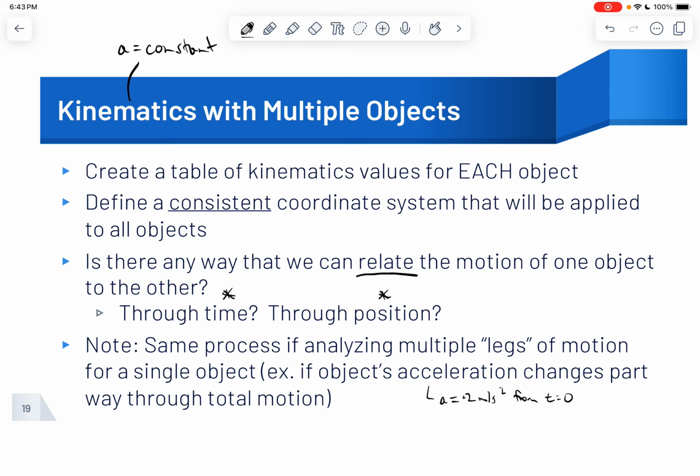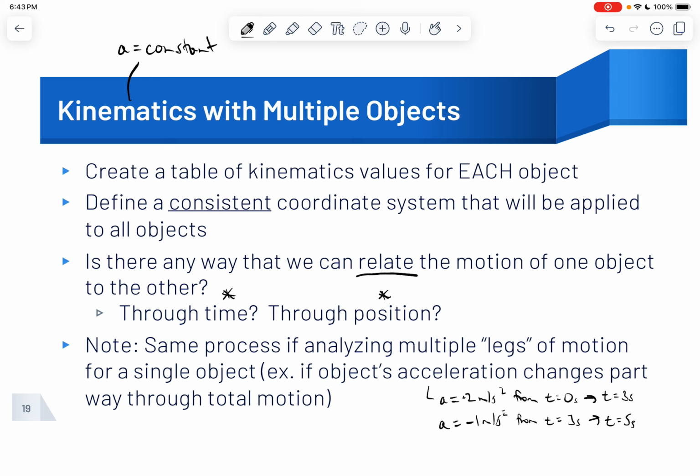And then after the 3 seconds, from a time of 3 seconds up to a time of 5 seconds, maybe instead we have an acceleration that's -1 meters per second squared. So it's a big example. We have two different accelerations, but it's still the same object. They're just different legs of our motion.